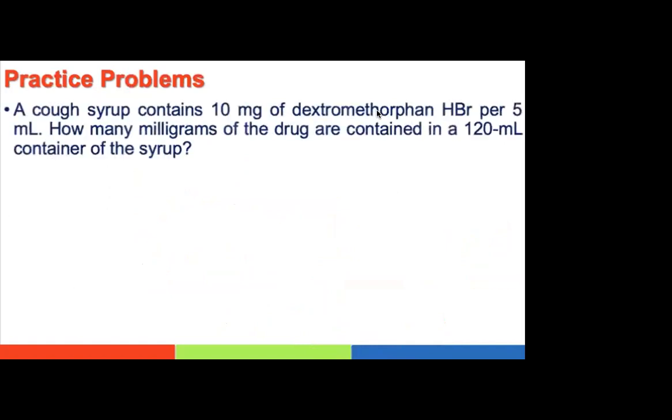Okay, next. A cough syrup contains 10 milligrams of dextromethorphan per 5 ml. How many milligrams of the drug are contained in 120 ml of the syrup? Para saan ang dextromethorphan? Sa ubo. Tama naman. Productive or non-productive ka?